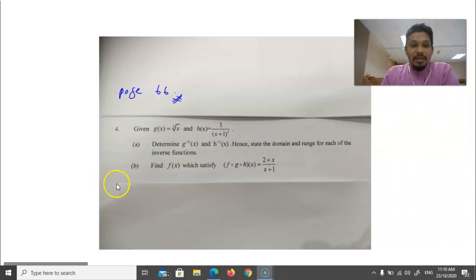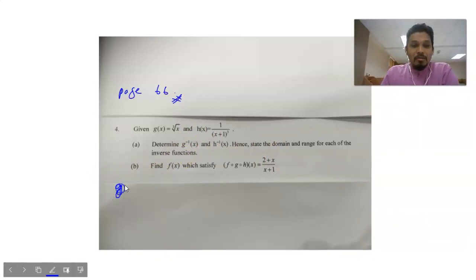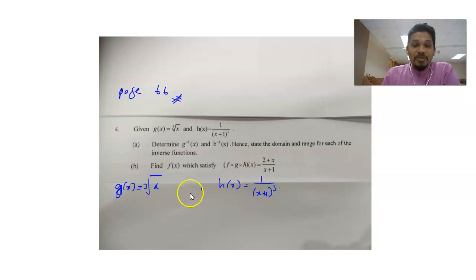g(x) equals the cube root of x, and h(x) equals 1 over (x plus 1) cubed. To find that, we have to determine the g inverse and also the h inverse.